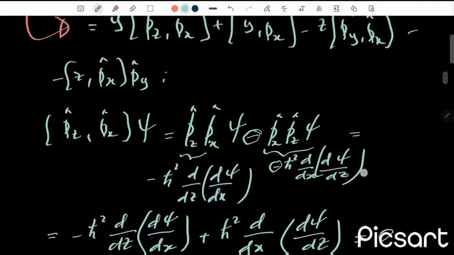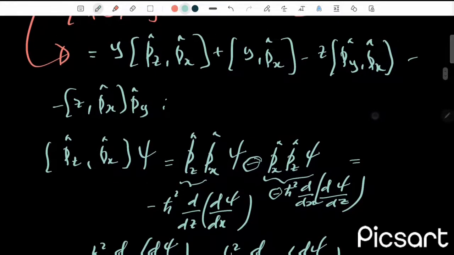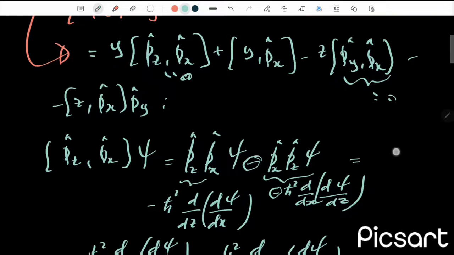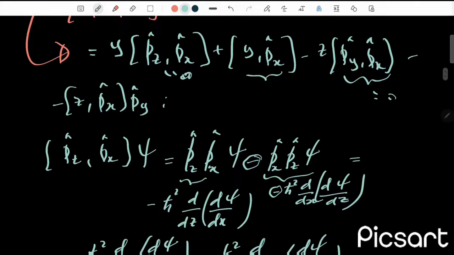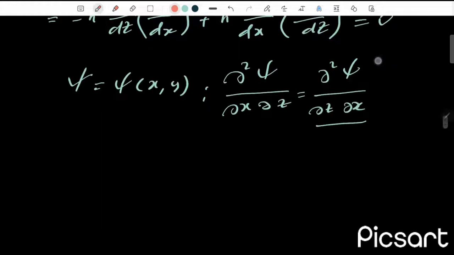Okay, we go on again. Here we have the same situation where this is equal to 0, and here this is equal to 0. Now we must analyze this term, which is [y, px], acting on this psi function.